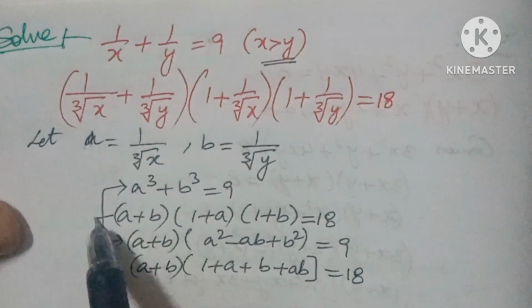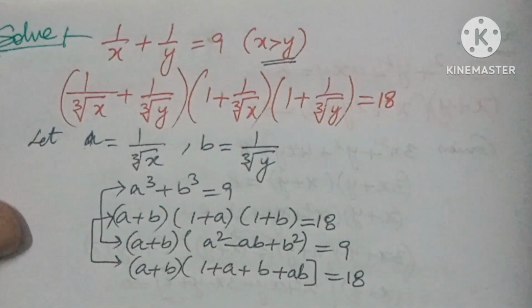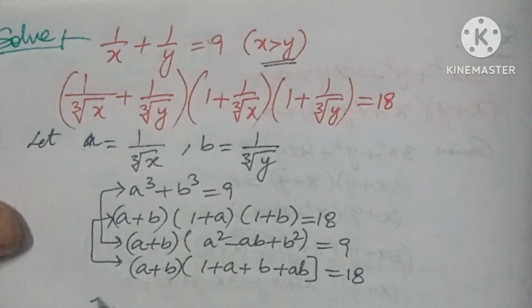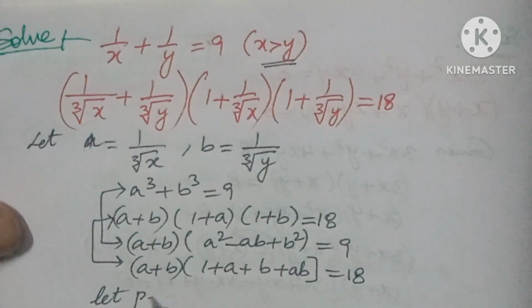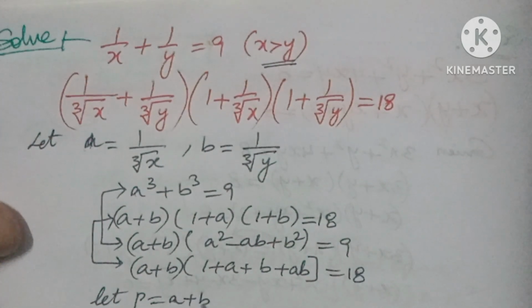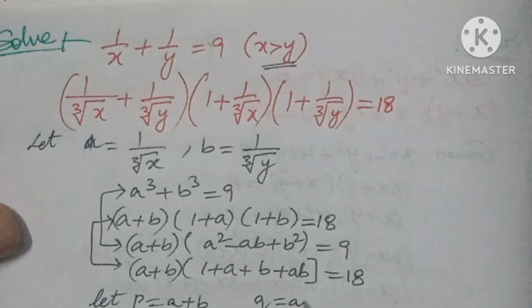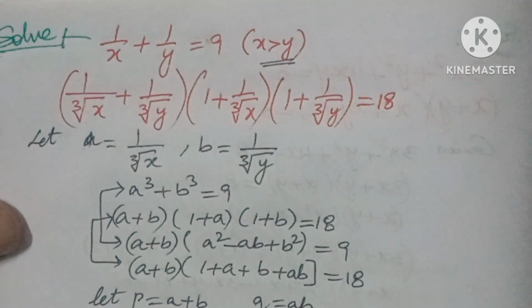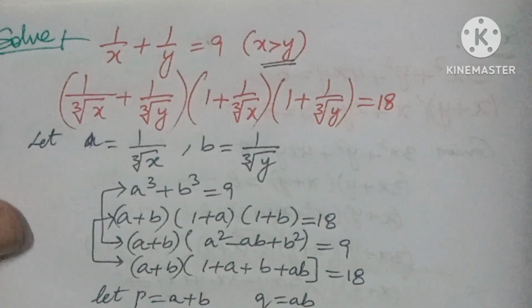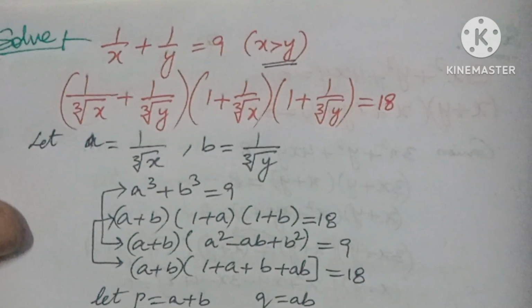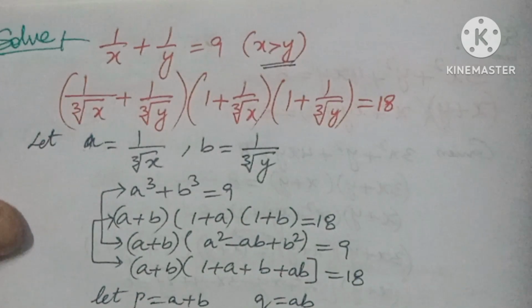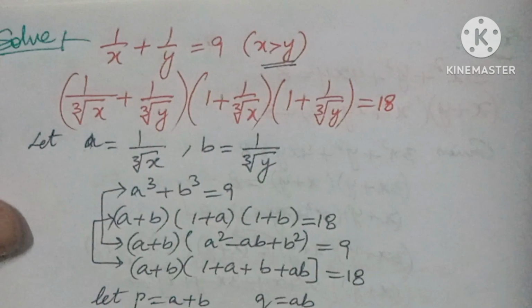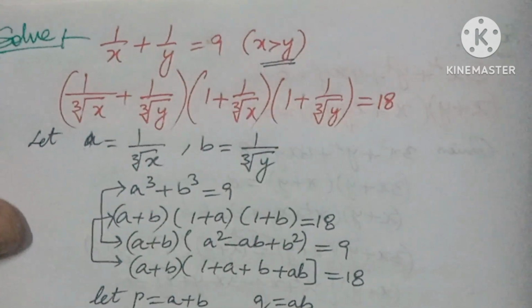Now let us take P = a + b and Q = ab. Then the equations will become P(P² - 3Q) = 9 and P(1 + P + Q) = 80.